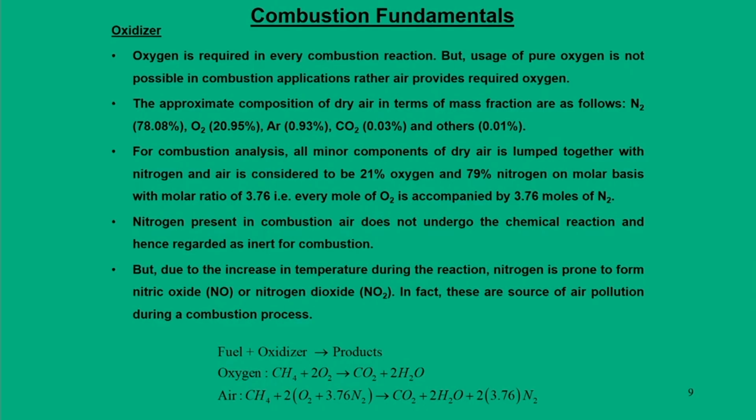When it dissociates, it is more likely to react with the oxygen and form compounds like nitric oxide and nitrogen dioxide, and these are the source of air pollution. That means they are essential culprits of the combustion process.